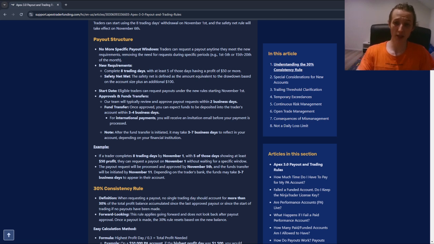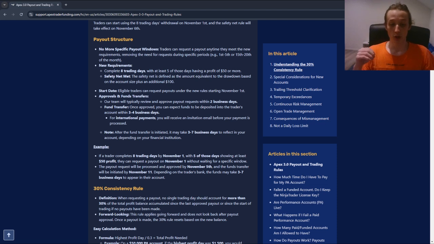Now the safety net means you have to make your trading drawdown plus $100. So at all times you need around $2,600 to trade. You need that buffer zone, that cushion that will allow you to take some more risk as you progress into building your account up.